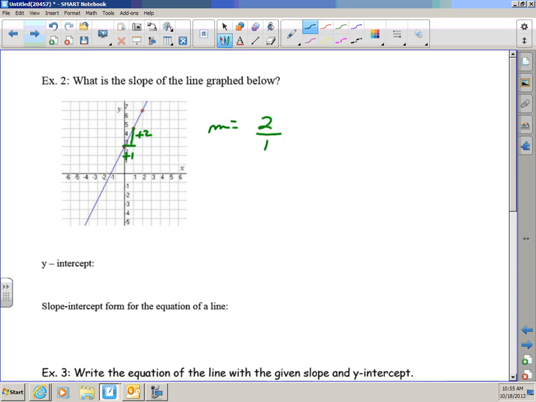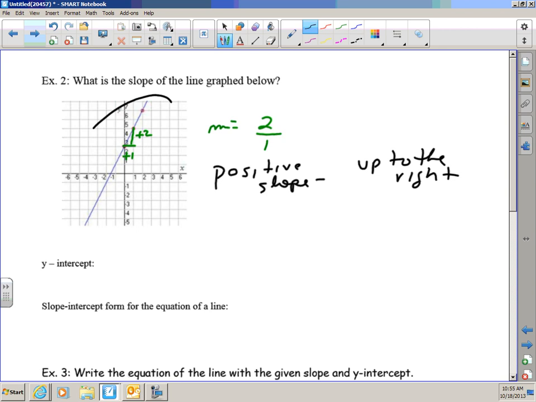Now, lines can have a positive or a negative slope. Positive slope is when the line goes up to the right, as our example is over here.